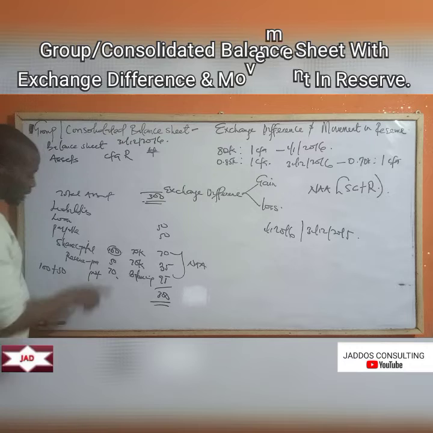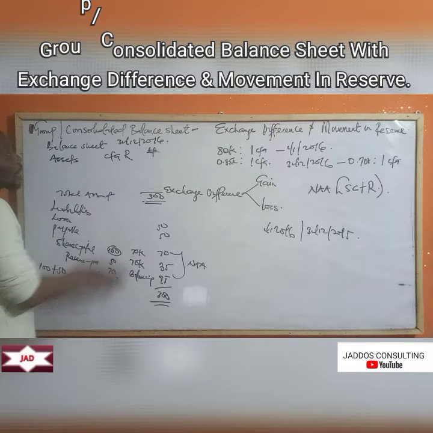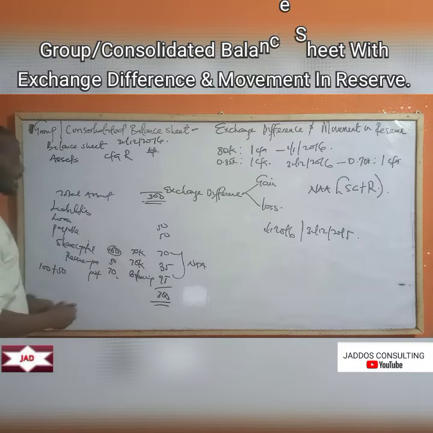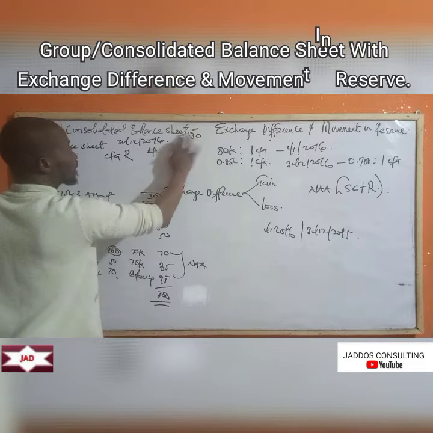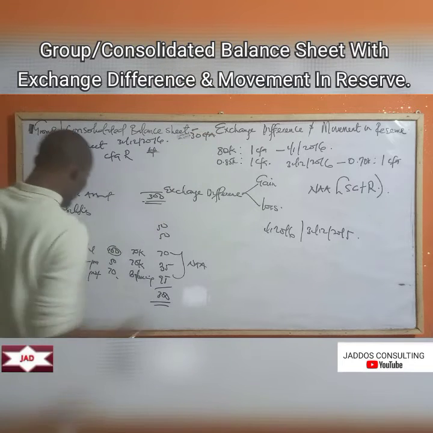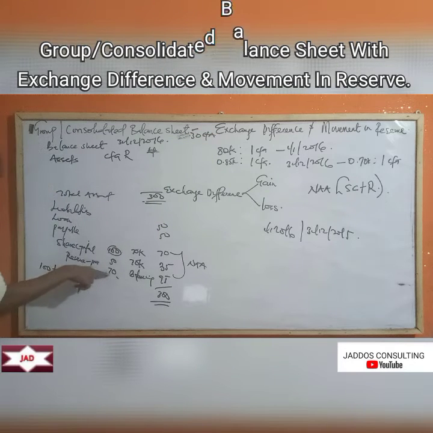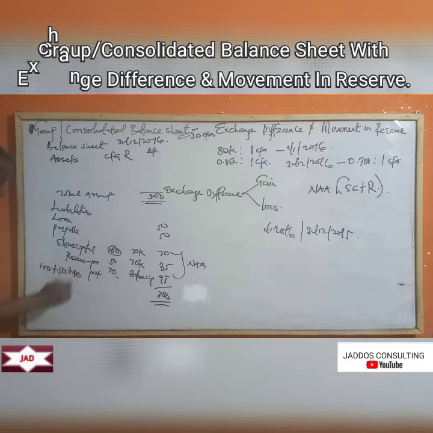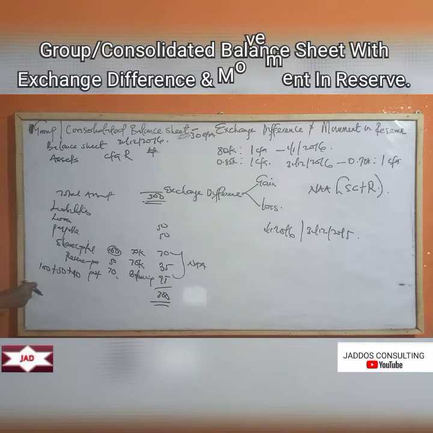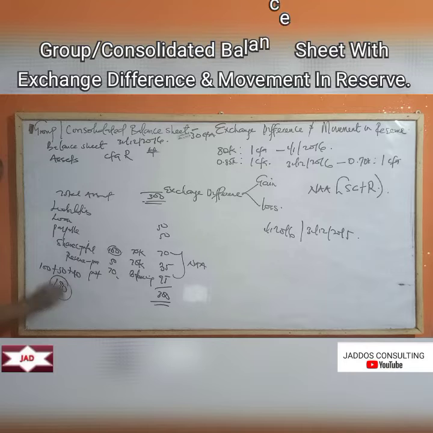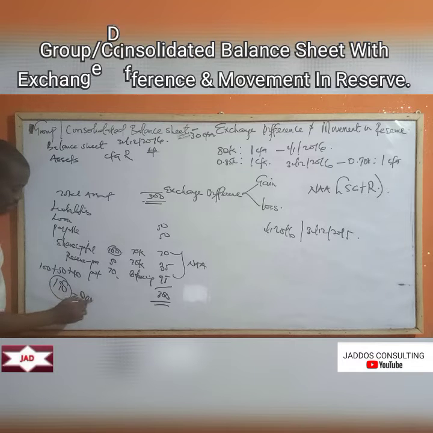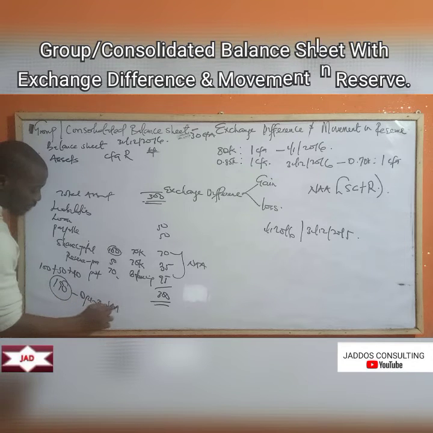So let's assume that for the current year, 2016, the retained earnings is 30 CFA. So that means if you take 30 out of the 40, it will qualify as opening net asset acquired. So we now have 150, that will be 190 opening net asset acquired.